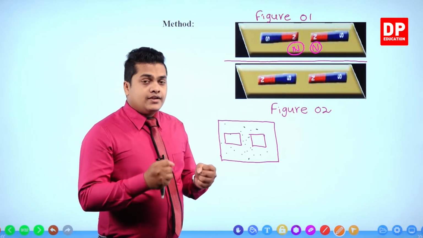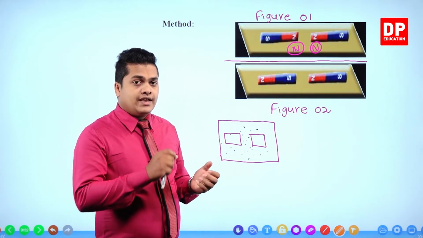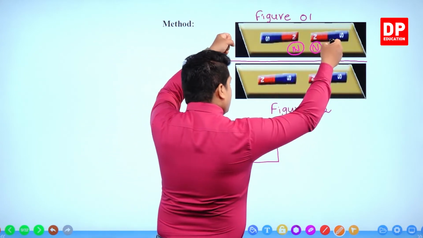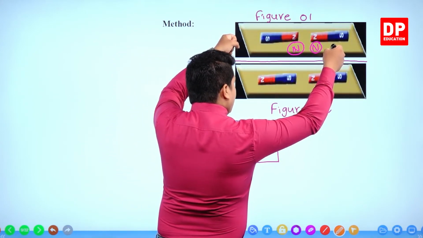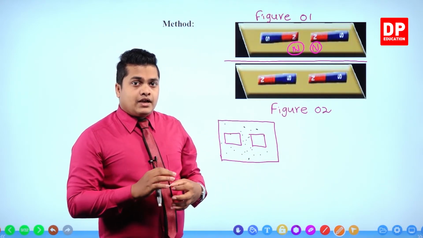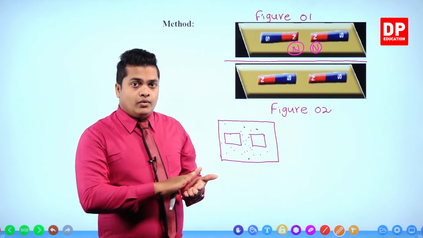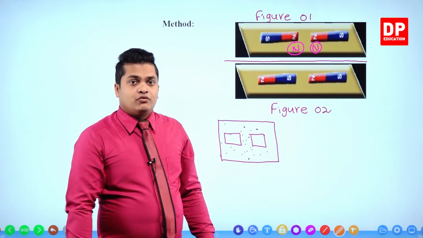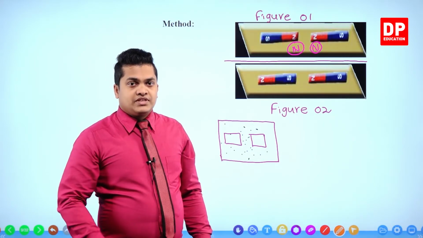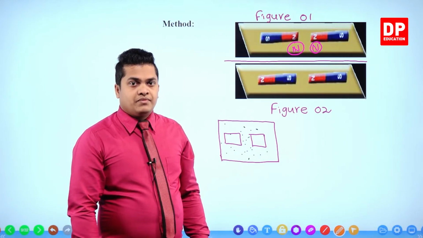Then you take another A4 sheet that has a thin layer of glue, place it over this setup and imprint that iron powder pattern on that other A4 sheet on which the glue has been applied. So this is the way of doing the experiment.